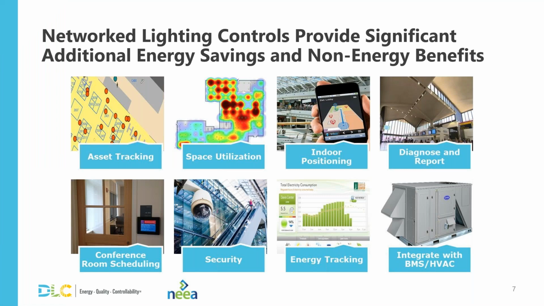From the results of this study, we see the significant potential of network lighting controls to deliver savings above and beyond savings from LED lighting. With the rapid growth of IoT technology in recent years, NLCs can now talk BACnet and other protocols to interface with BMS and HVAC to even offer benefits beyond energy savings, such as user comfort, operational efficiencies, security, and other value-added services such as the ones shown here.